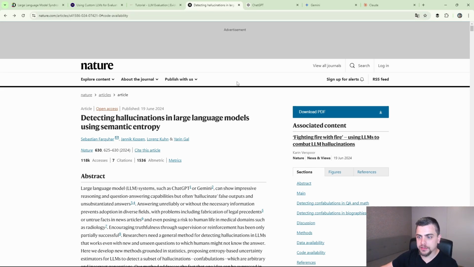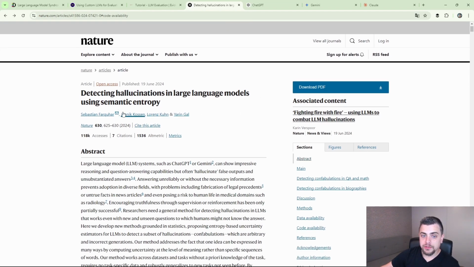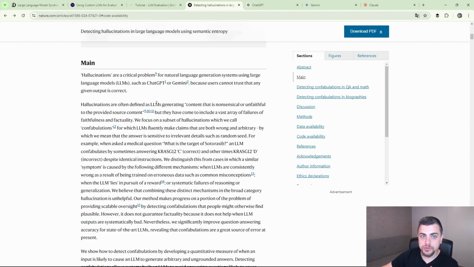I haven't read it through, but it shows a broad view of statistical methods to detect, for example, one of the huge flaws of large language models, hallucinations, by using semantic entropy, whatever that means. I will also include that in the edited videos.